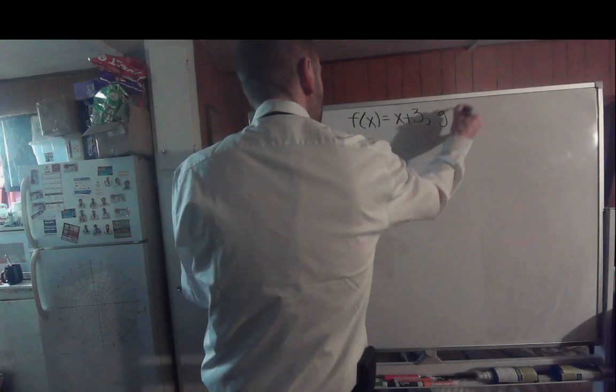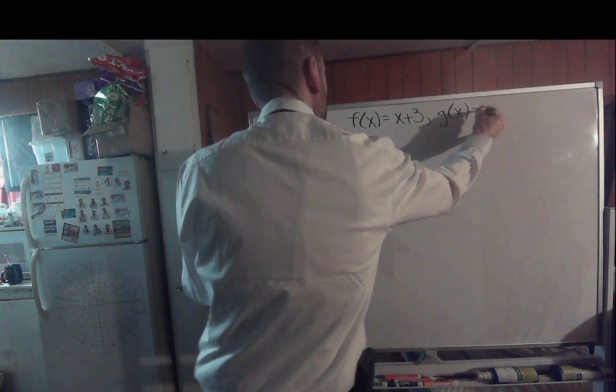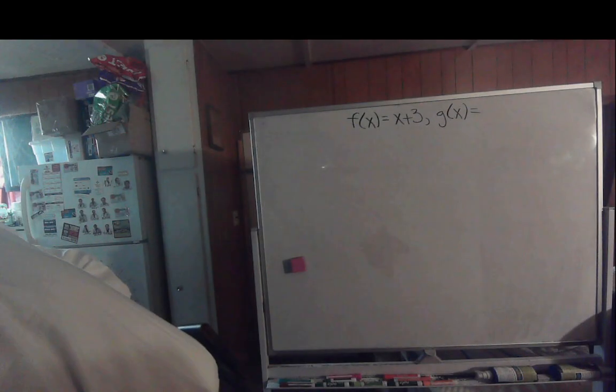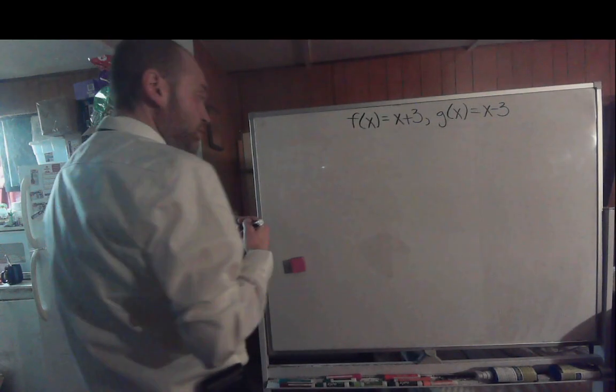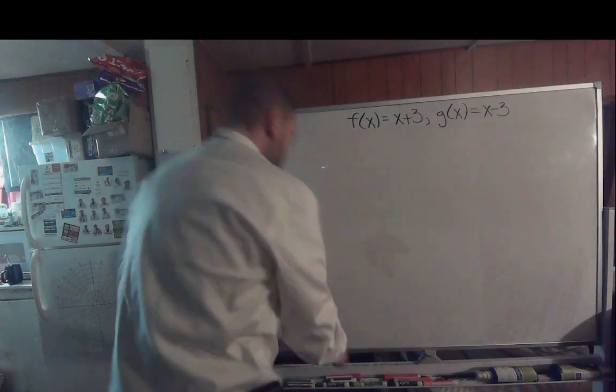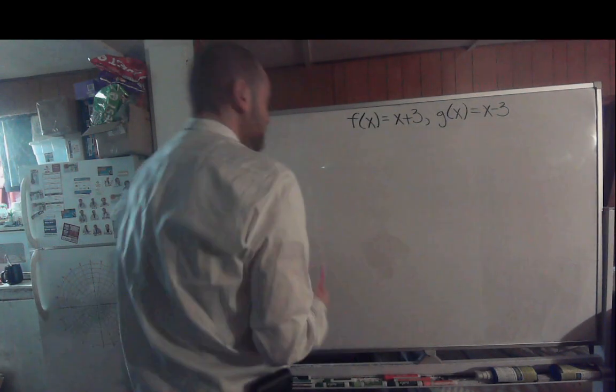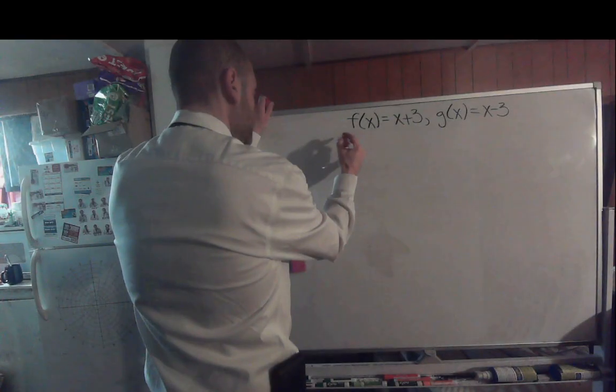Then we have that g of x is equal to x minus 3. So first we're going to go ahead, we're going to find f plus g of x.